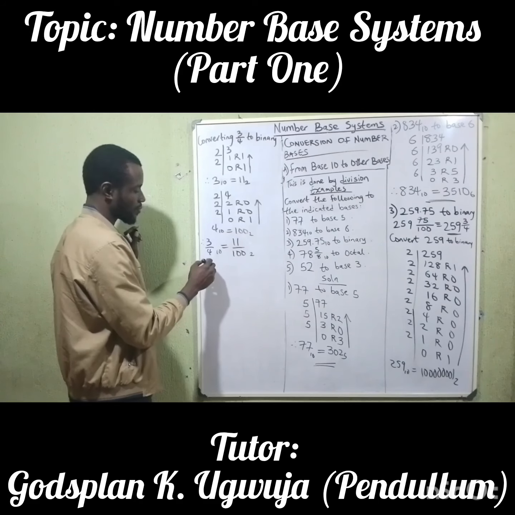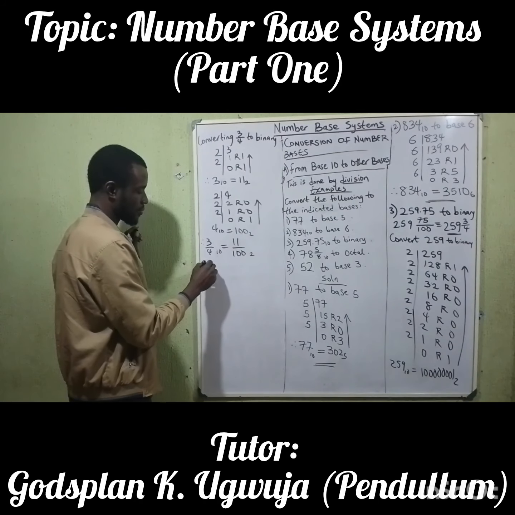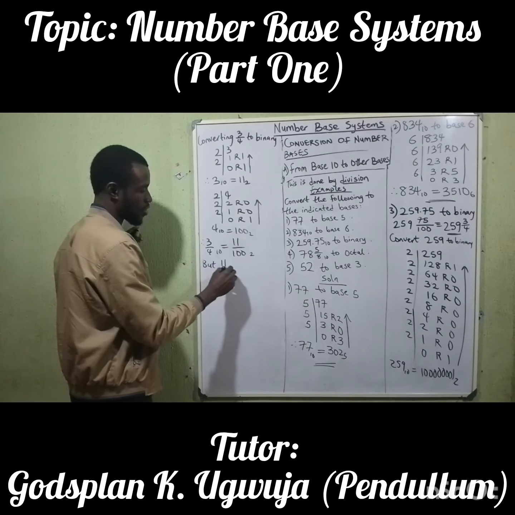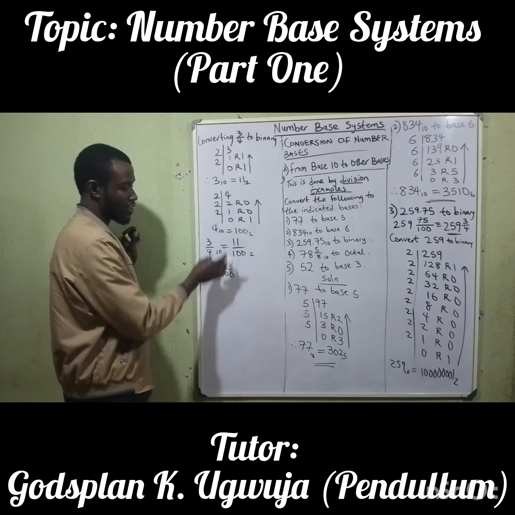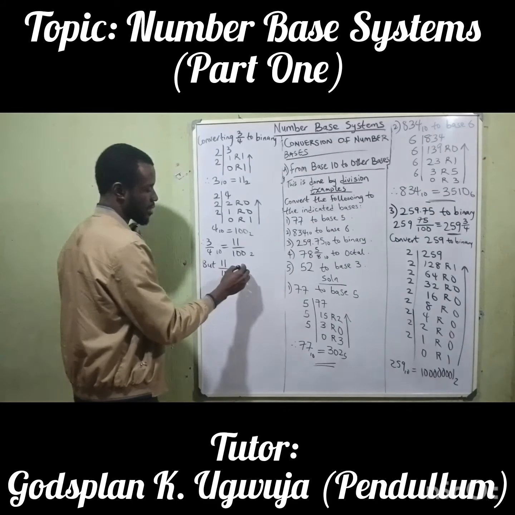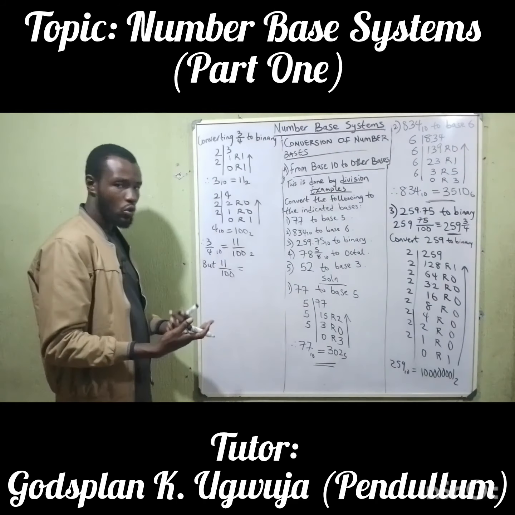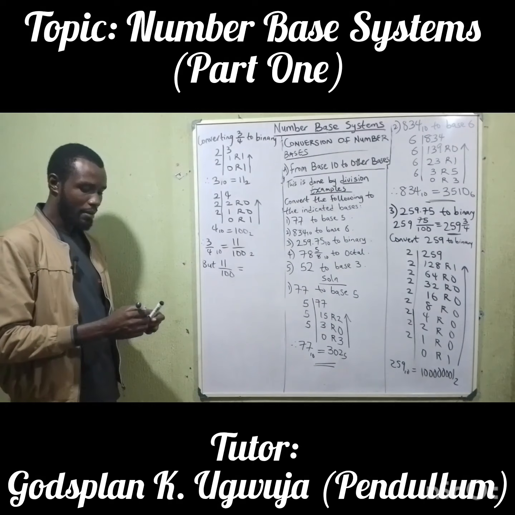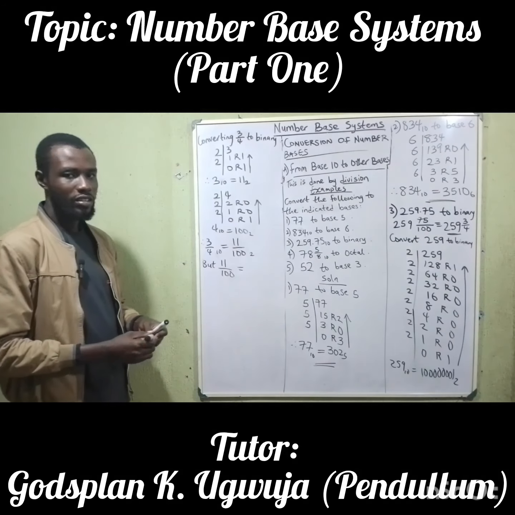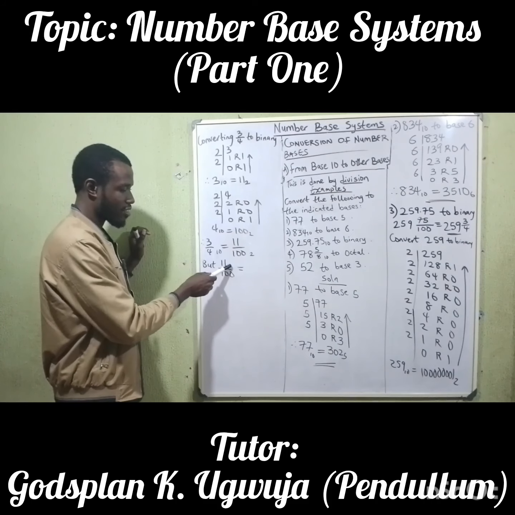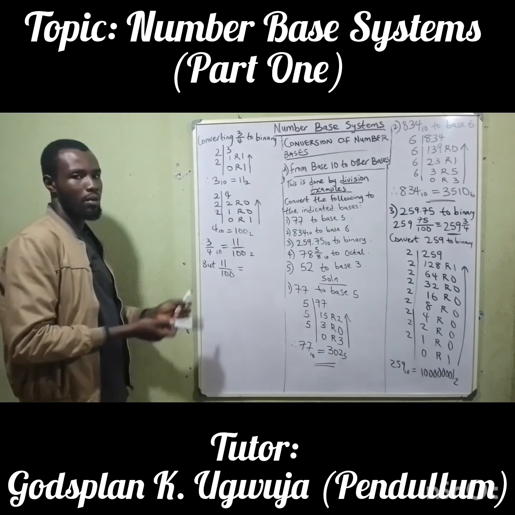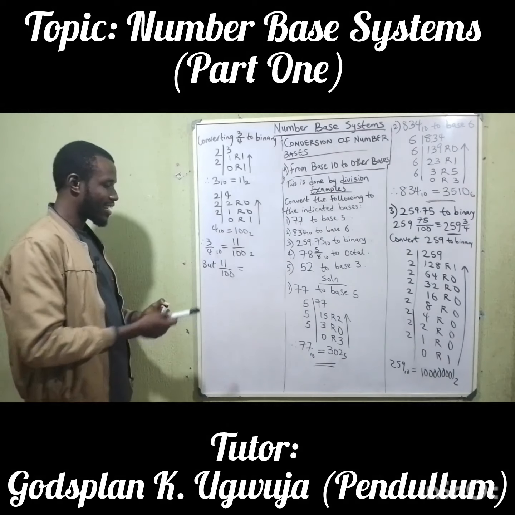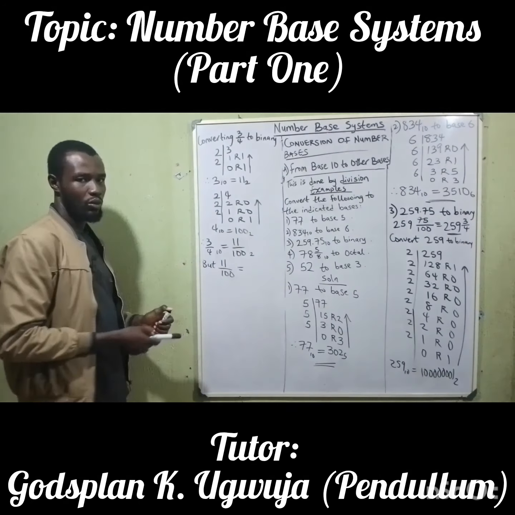If you divide 11 over 100, this is in fraction. If you change it to decimal, well, you know that if you divide any number by 100, what it simply means is you move your decimal point 2 times backward. If you divide by 10, you move your decimal point once backward.